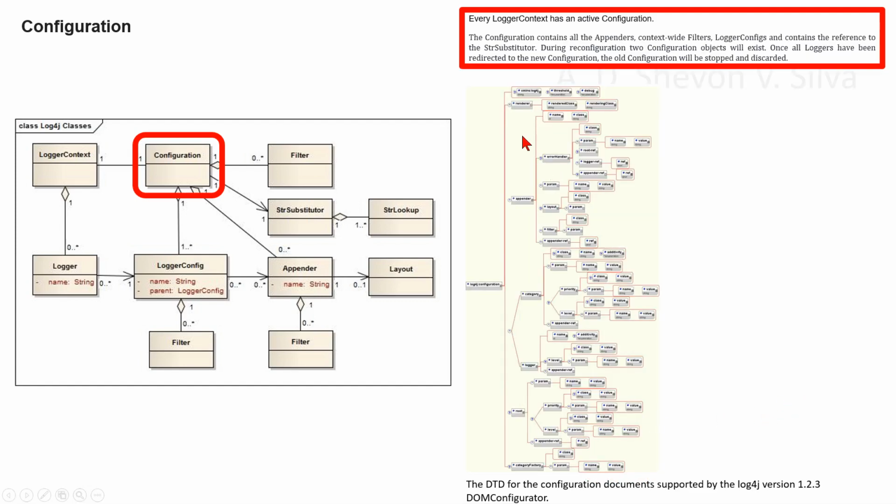Here you can see the DTD for the configuration document supported by the Log4j version 1.2.3 DOM configurator.